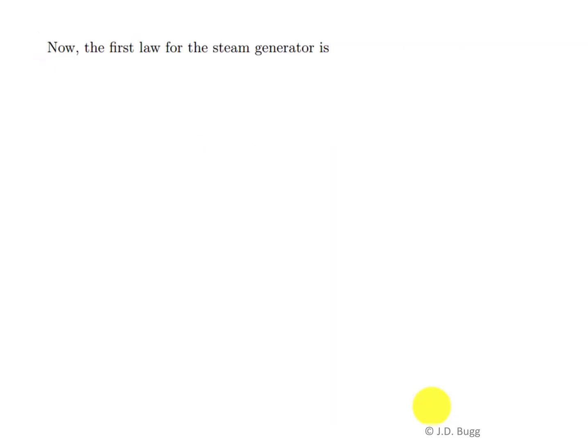219.35. So now we can take a look at the first law for the steam generator, and that's going to tell us that the rate at which heat is added in the steam generator is the mass flow rate through it, times (h3 minus h2), the enthalpy at the exit minus the enthalpy at the inlet.